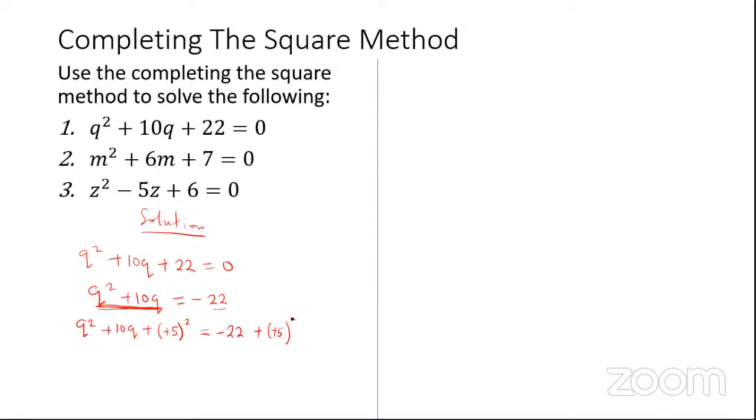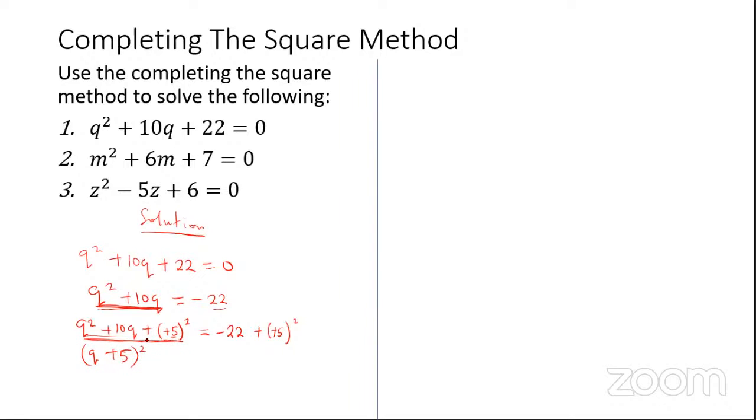5 squared. Now, I also told us in the last slide that when you want to factorize this, you don't need to disturb yourself, but just take q, take plus 5, square it. By the time you expand this, you are going to get this.